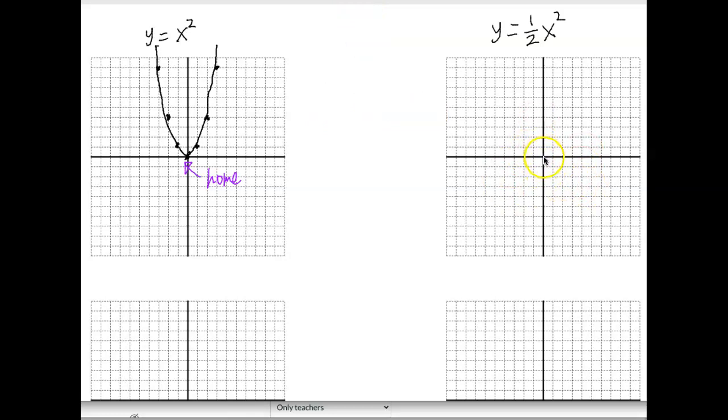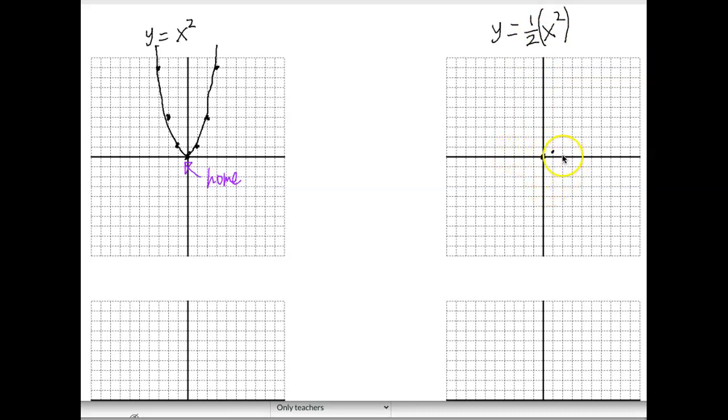I still know my vertex is at the origin. And if I go right 1, I usually go up 1. But now, after I go up 1, I have to multiply it by 1/2. So that really means I'm only going up 1/2.